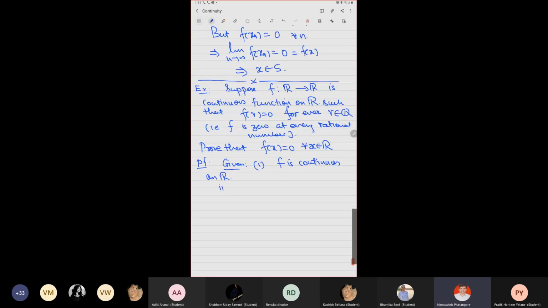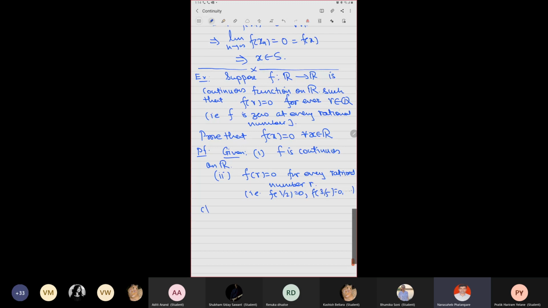And the second given data is f of r is equal to 0 for every rational r, right? That is, f of half is 0, f of 3 by 5 is 0, etc. So at every rational the function is 0.